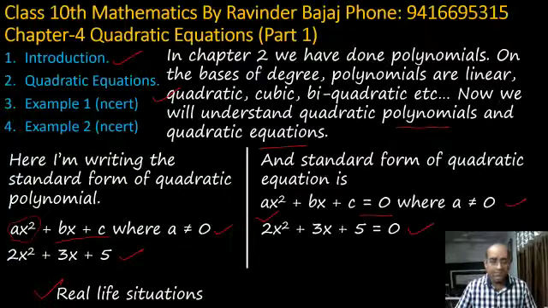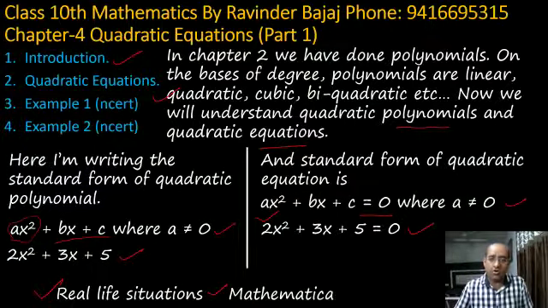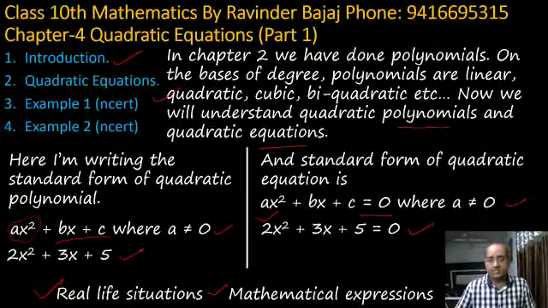For this real life situation, we need to write that situation as a mathematical expression. That mathematical expression is called an equation. So an equation can be a linear equation, or a quadratic equation. In this chapter, we will see some situations from our book which are mathematically expressed as quadratic equations.